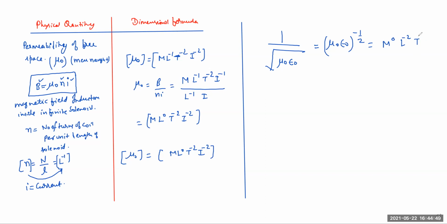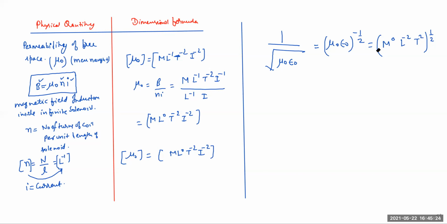I think T should be 2 only. And the power is half, right? After taking the root, you're saying the answer? Yes, sir, after taking the root, M0, L minus 2, T0.